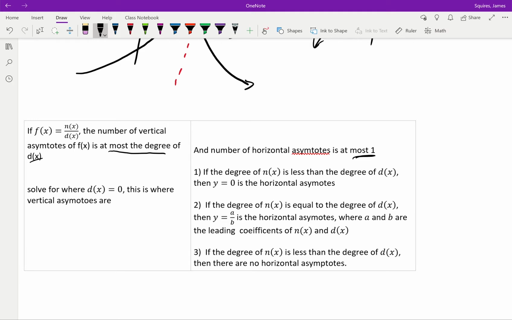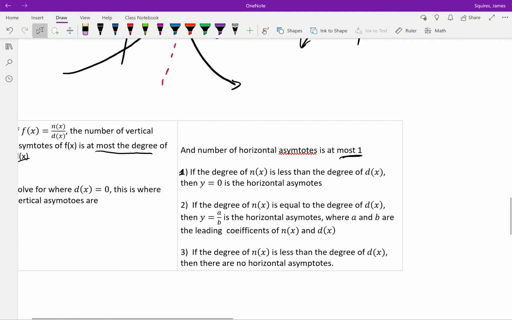Alright, for the first rule when we're discussing horizontal asymptotes, if the degree of n of x is less than the degree of d of x, then y equals 0 is the horizontal asymptote.